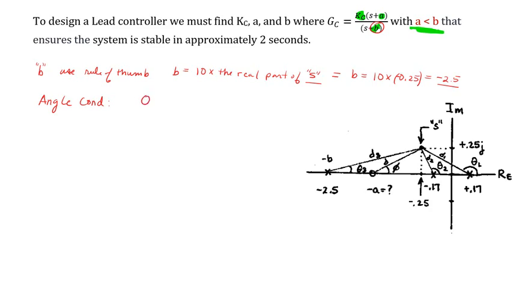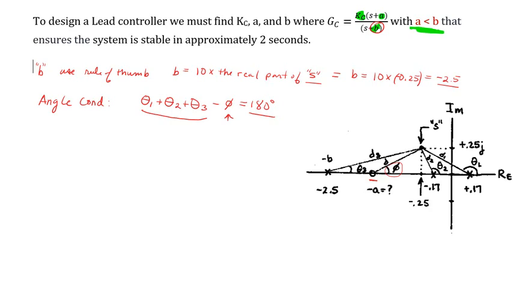So it'll be theta 1 plus theta 2 plus theta 3 minus phi equals 180 degrees. So quickly we see we're going to be able to find exact values for theta 1, 2, and 3. We obviously have 180 degrees here, so that'll help us find phi. And once we find phi, we'll know exactly where this 0 will be located, depending on this angle phi.